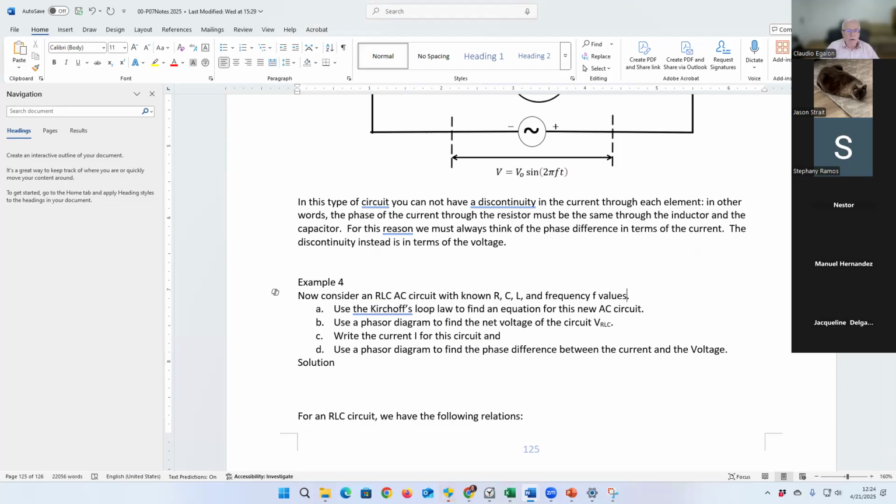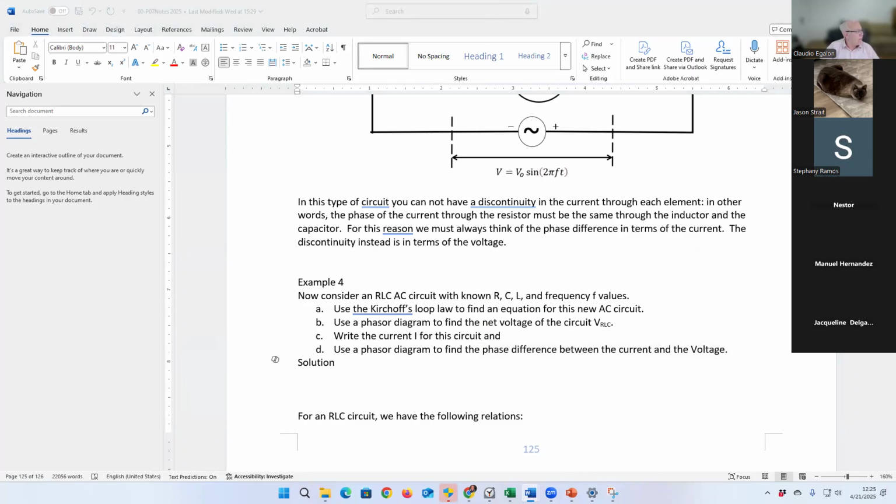Use the Kirchhoff loop law to find an equation for this new AC circuit. Use the phasor diagram to find the net voltage of the circuit. Write the current for the circuit and use the phasor diagram to find the phase difference between the current and the voltage. This problem is a little bit more difficult, okay?